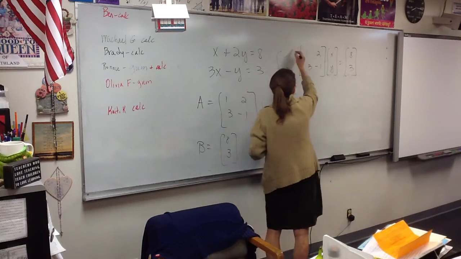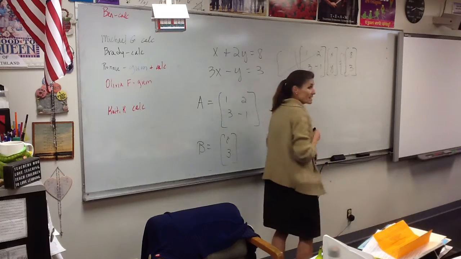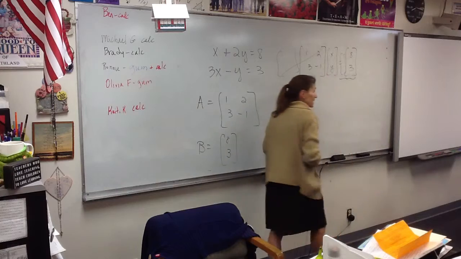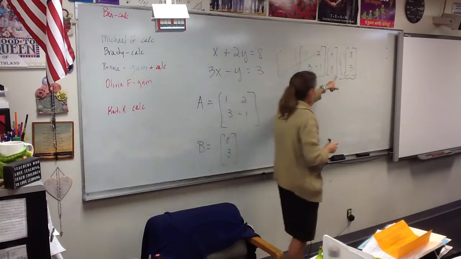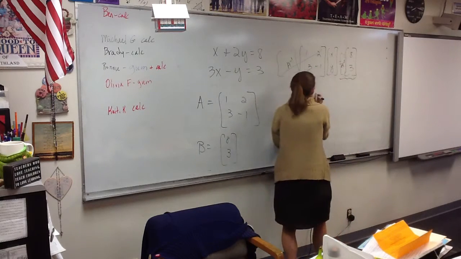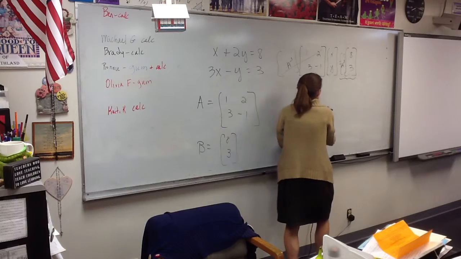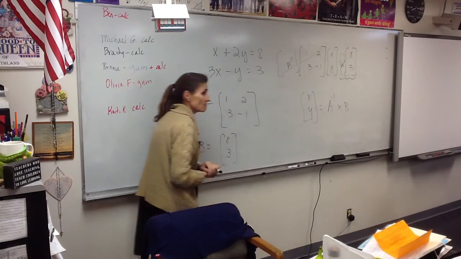I'm going to multiply both sides by the inverse so that these will cancel and leave me with my answer. So what do I multiply by? The inverse. So our answer is going to be the inverse of A, the inverse of the coefficients, times B.